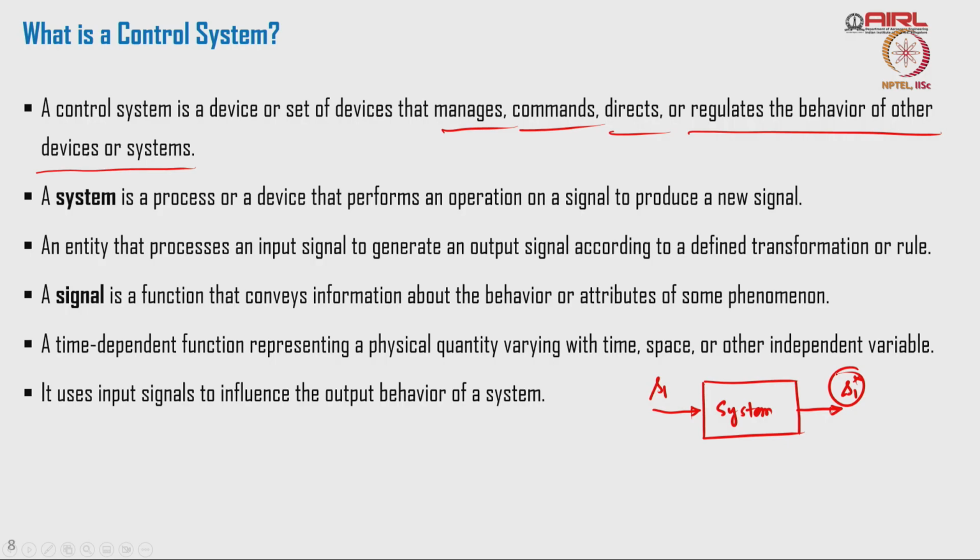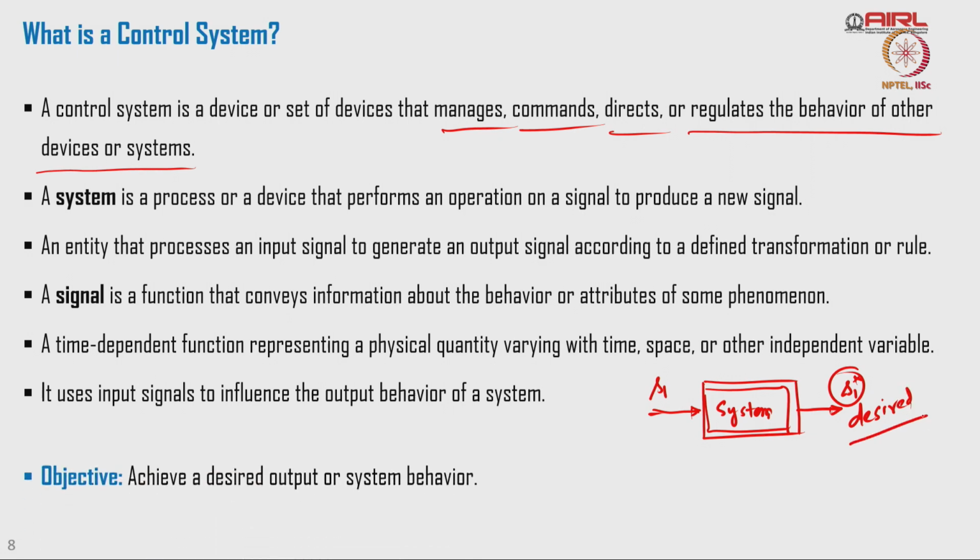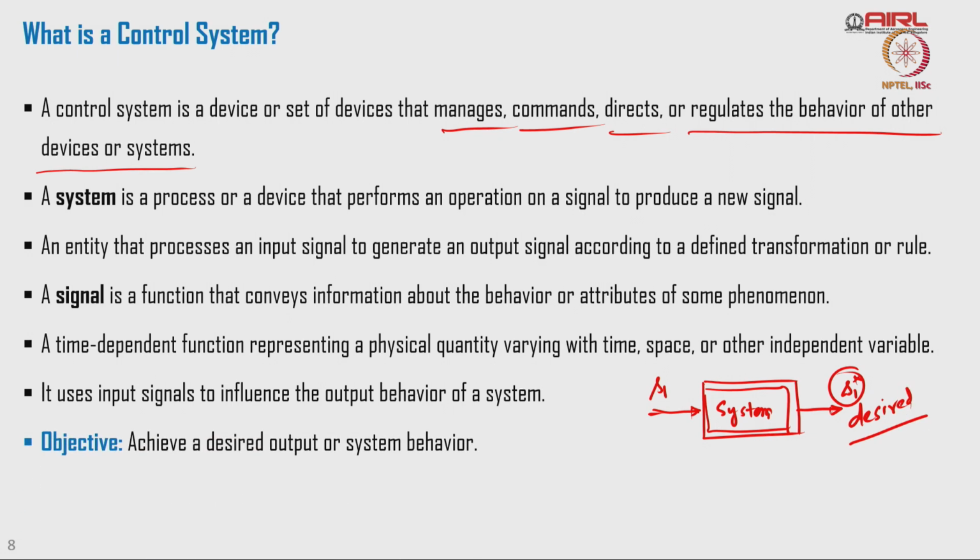If it is not, then we need a control system to modify or tune the original system in such a way that, with S1 as the input signal, we get the desired output signal S1 star. So, what is the objective? We want to get a desired output or a desired system behavior.